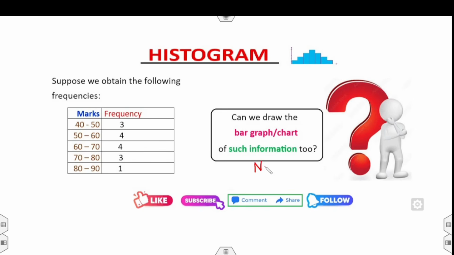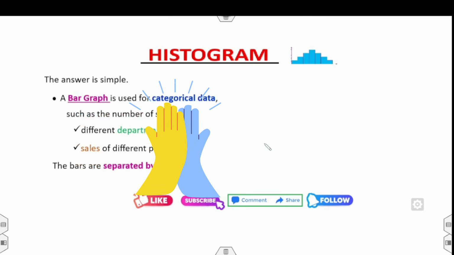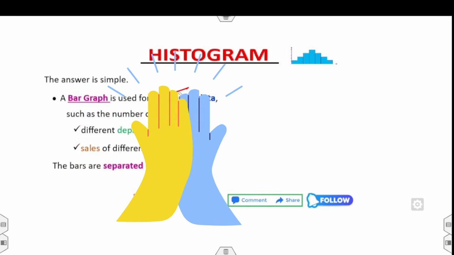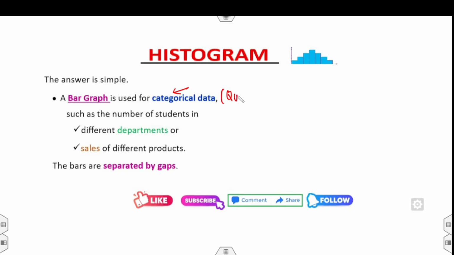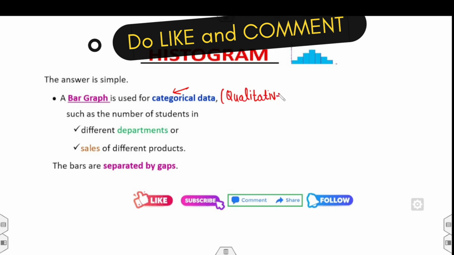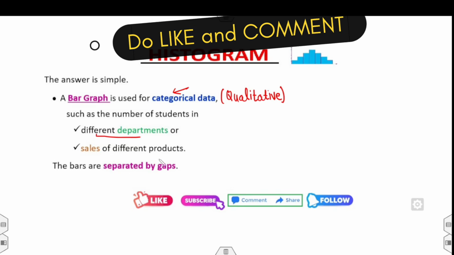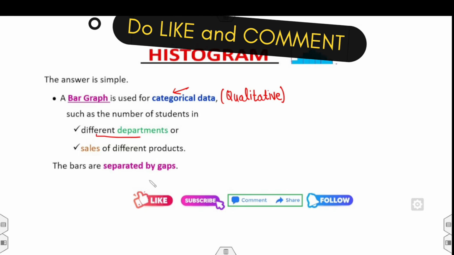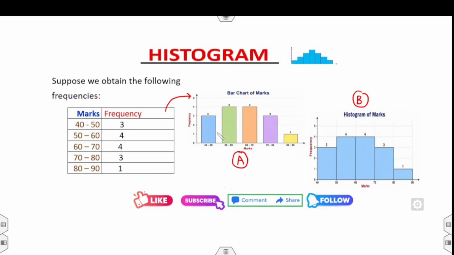The bar graph is applicable only for qualitative data. That means the bar graph is only for qualitative information such as different departments, sales of different products, and when we draw the bar graph, the bars are always separated with a gap.